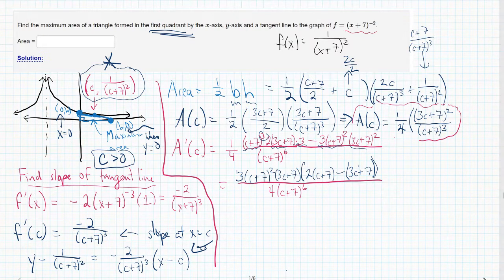So notice this thing equals, a simplified format for us is 4 times (c plus 7) to the 6 in the denominator. You have the 3 (c plus 7) squared.